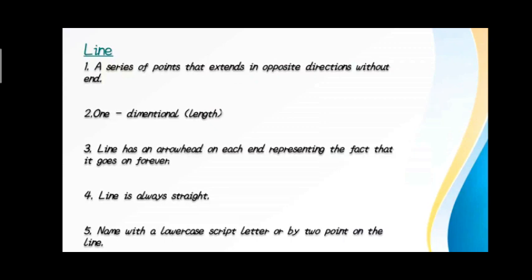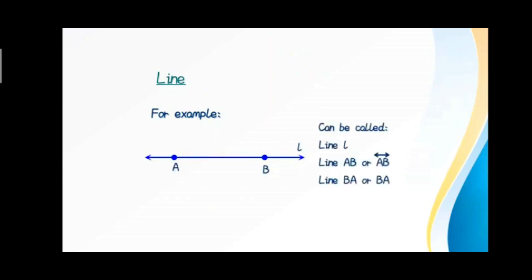As you can see in the next example, we have two points connected by a double-headed arrow, and those two points are A and B. We can name this line as line L by using a small letter, or we can name it using the capital letters, line AB or line BA, with the line symbol which has two arrowheads.